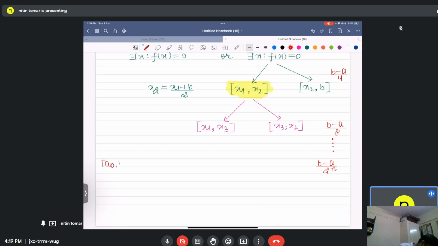So we are getting a sequence of intervals. Let's say a naught, b naught to be our a, b, then a1, b1, then a2, b2. You keep on doing this. This is our actual interval. So continue doing this.